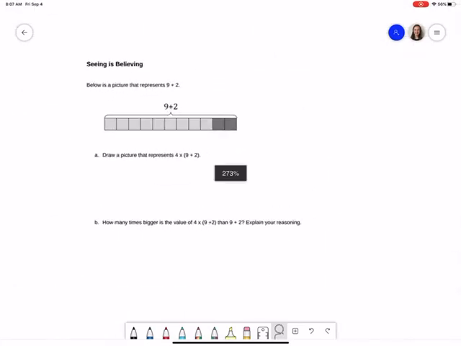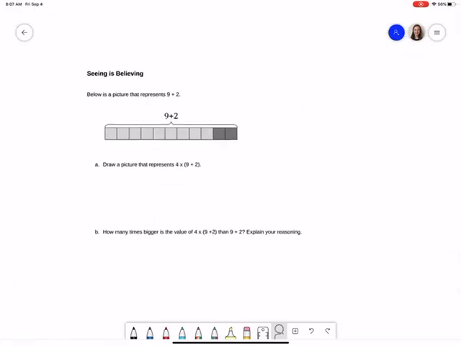Below is a picture that represents 9 plus 2. So can we see that? We see that this represents 9, 1, 2, 3, 4, 5, 6, 7, 8, 9, plus 2, 1, 2. Okay? So if we were to count all those up, we would get 12, right?